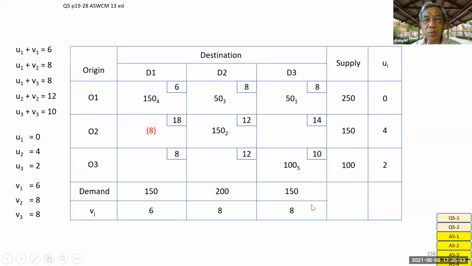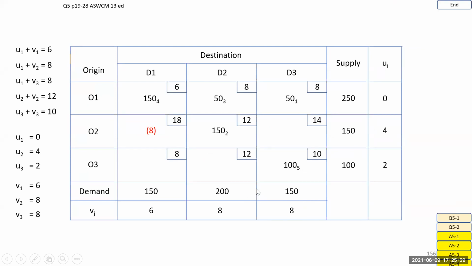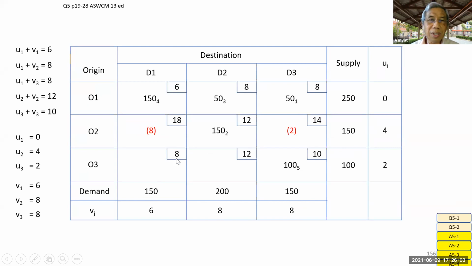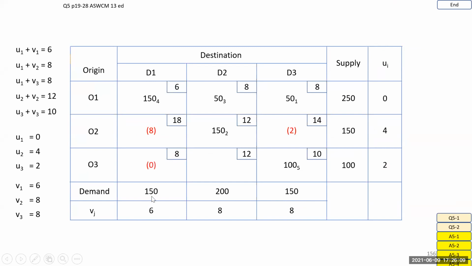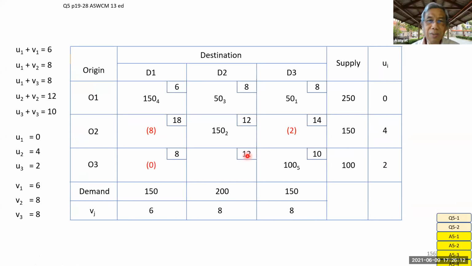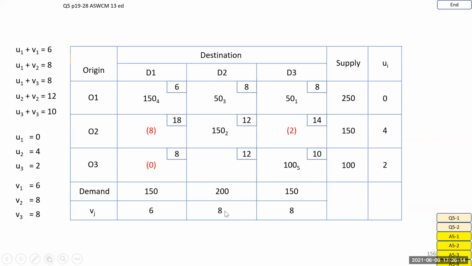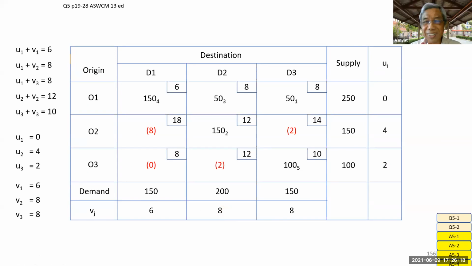Then 14 minus 4 minus 8 is 2. Then 8 minus 2 minus 6 is 0. And then here, 12 minus 2 minus 8 is 2.